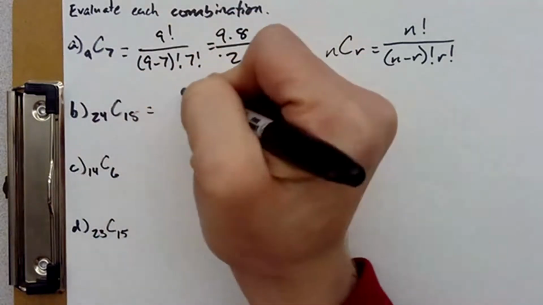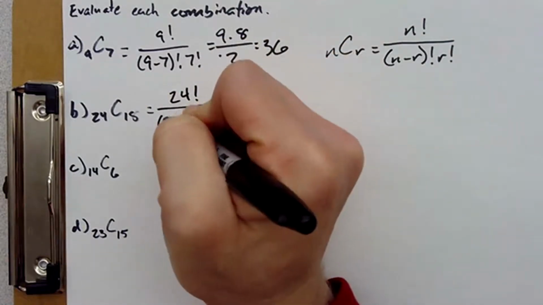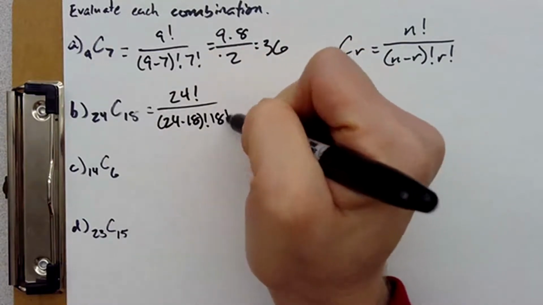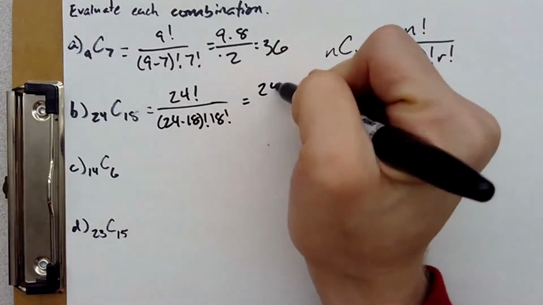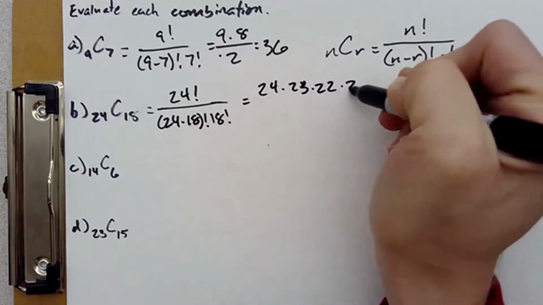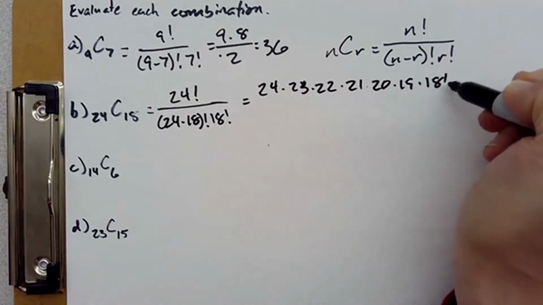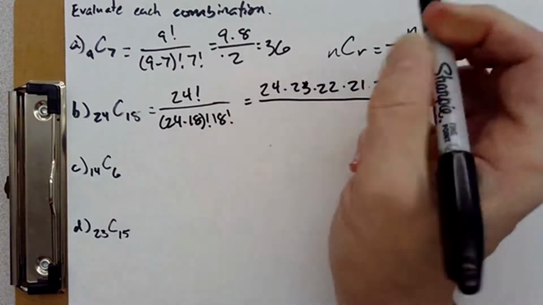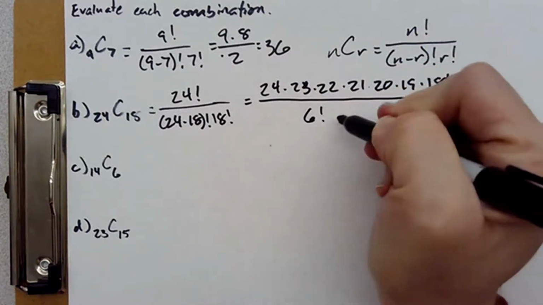24 choose 18 is 24 factorial over 24 minus 18 factorial times 18 factorial. Okay, well, that gives us 24 times 23 times 22 times 21 times 20 times 19 times 18 factorial over 24 minus 18 is 6, so that's 6 factorial times 18 factorial.